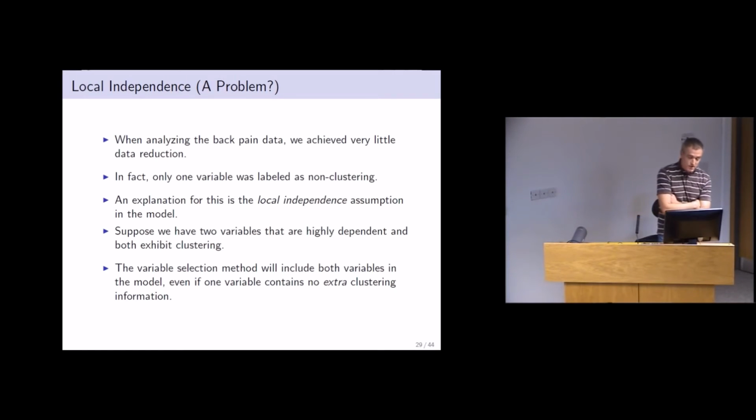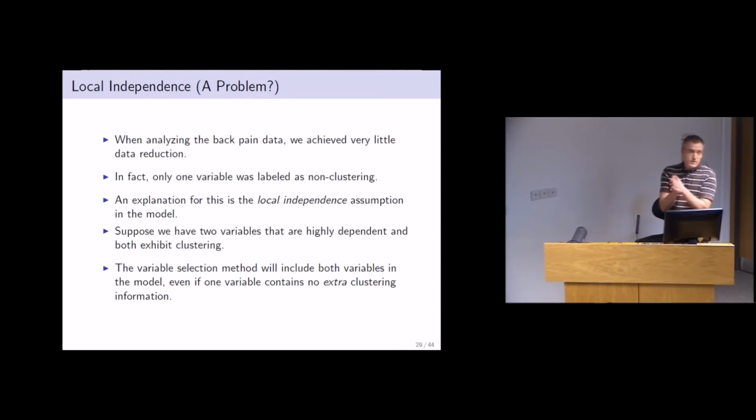Now, the local independence assumption in the model that I have here, the reason that we're not getting very much variable selection is the following. Because we're assuming the variables are independent within each group, once we know the group memberships of the observations, the model selection that's going on, no matter what approach we take, be it classical or Bayesian, when you're deciding whether a variable is useful for clustering or not, it's making that decision independent of the other variables.